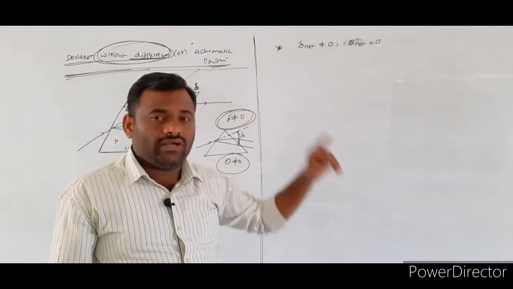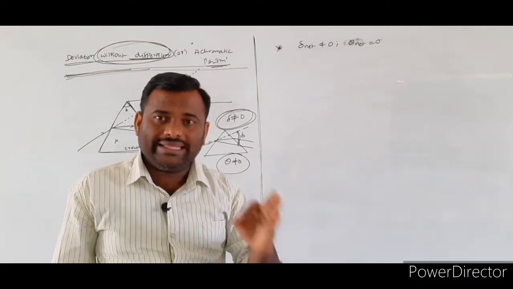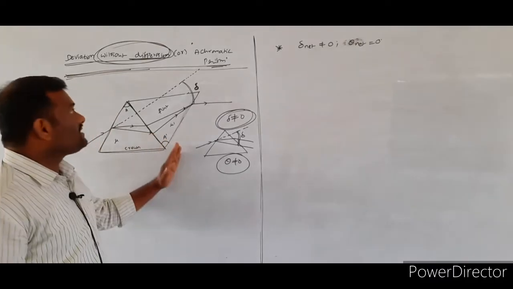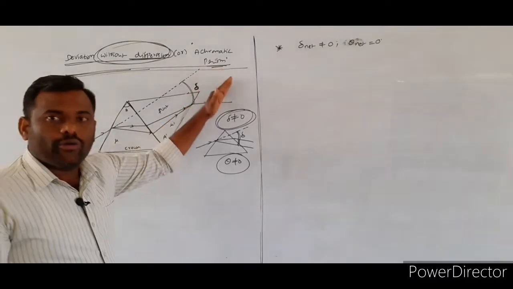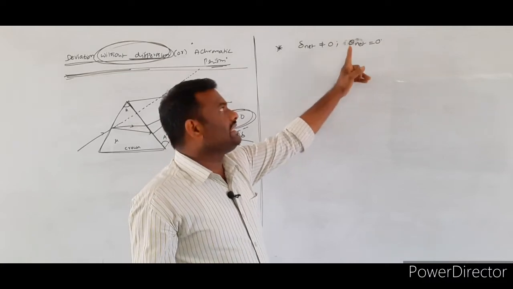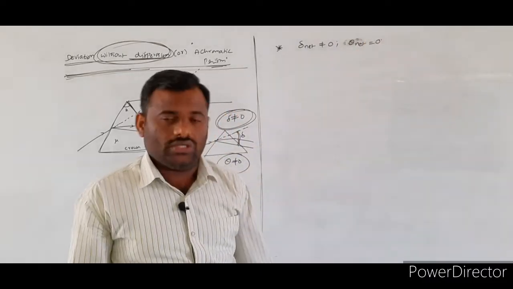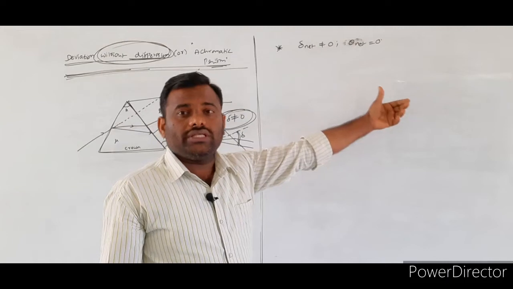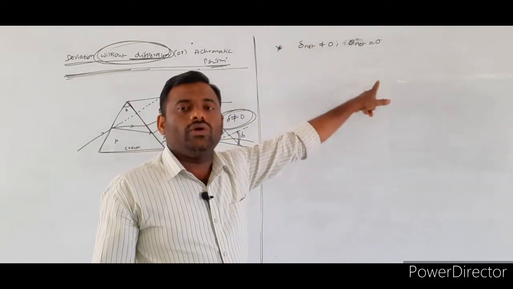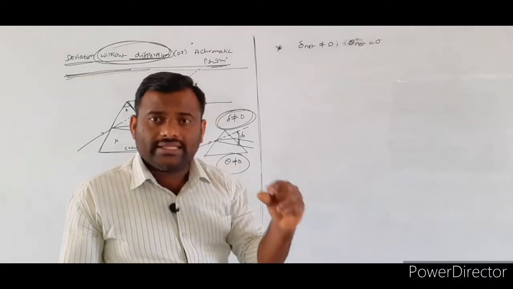Delta net indicates the net deviation when the light is incident on the pair of prisms, an achromatic prism, but there is no angular dispersion, so theta net is equal to 0. If theta net is equal to 0, we derive one equation. If delta net is not equal to 0, we derive another equation.